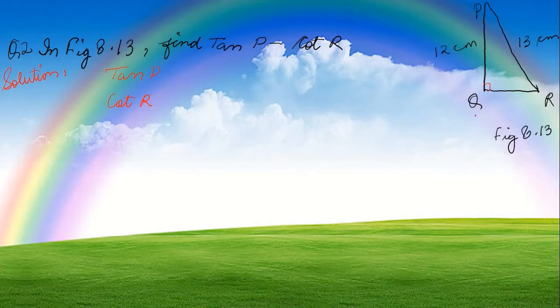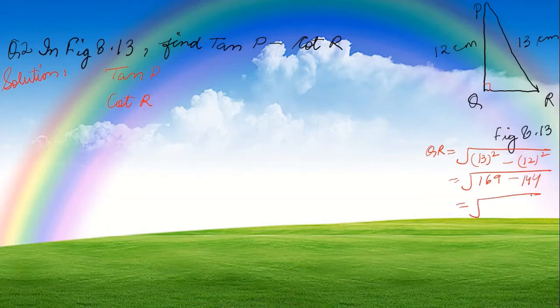So by Pythagoras theorem you can calculate this side QR. So QR is 13 square minus 12 square, 13 square is 169 minus 144. So it is 5. So QR is 5 centimeter.